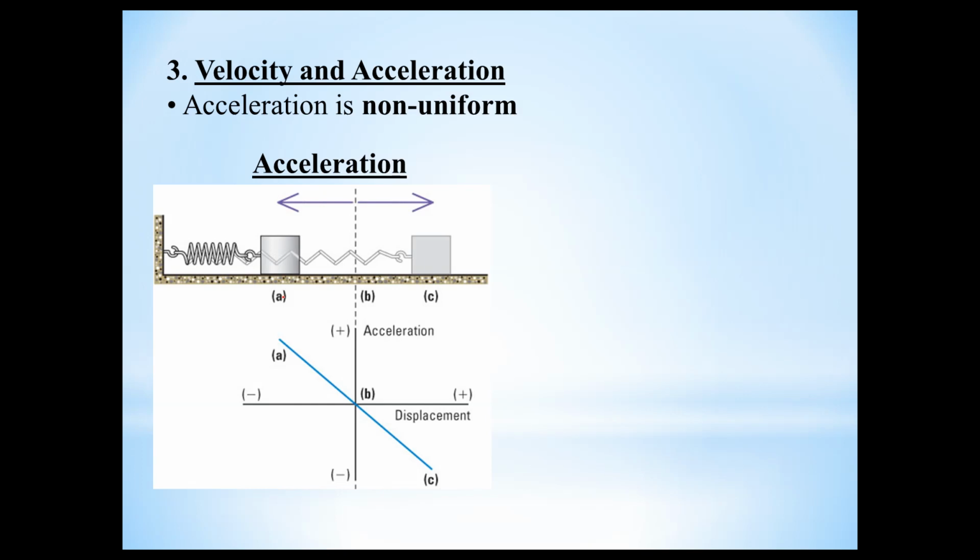Now, I want to provide a bit of a justification as to why we get the actual shape of this graph. Well, let's say we looked at a free body diagram of the mass. Let's just look at it at point A. So we have an FBD at position A. I'm only going to draw the horizontal forces here.